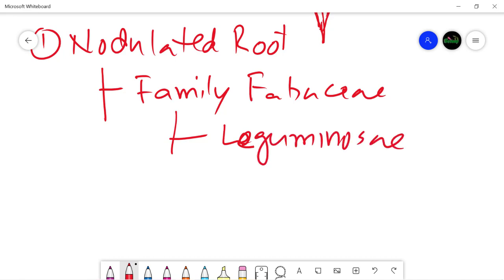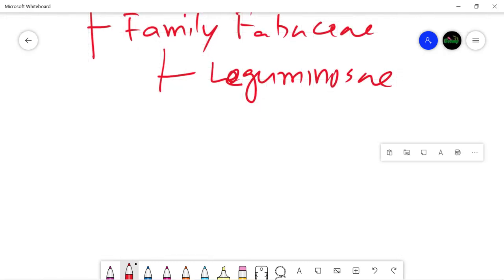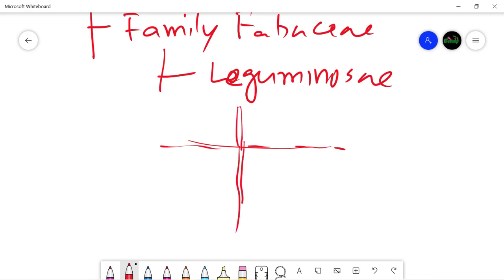So plants of this family like pea, clover for example, their roots, the fibrous or the taproots, bear small swellings on their secondary and tertiary roots, just like this. These are what we call the nodules or the root nodules. These nodules harbor the nitrogen fixing bacteria.